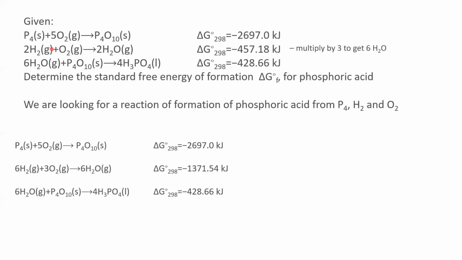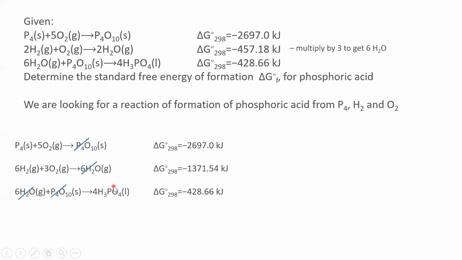So what's going to cancel out? Well, the P4O10, the tetraphosphorus decoxide, would cancel out because it's on the reactant side here and the product side here. The water would cancel out. We've got 6 H2O here and 6 H2O here.